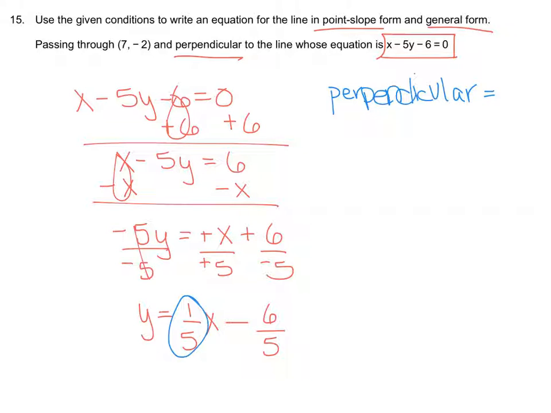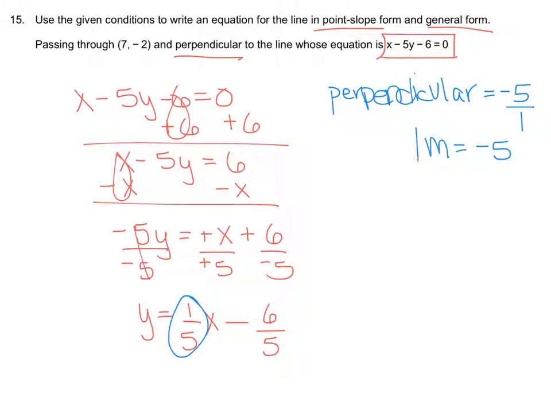So instead of 1/5, I'm going to have 5/1, and then I'm going to take the negative of it. So since it's positive, I'm going to make it negative. So the slope of our line is going to be -5. And that's because -5 divided by 1 is the same as -5.